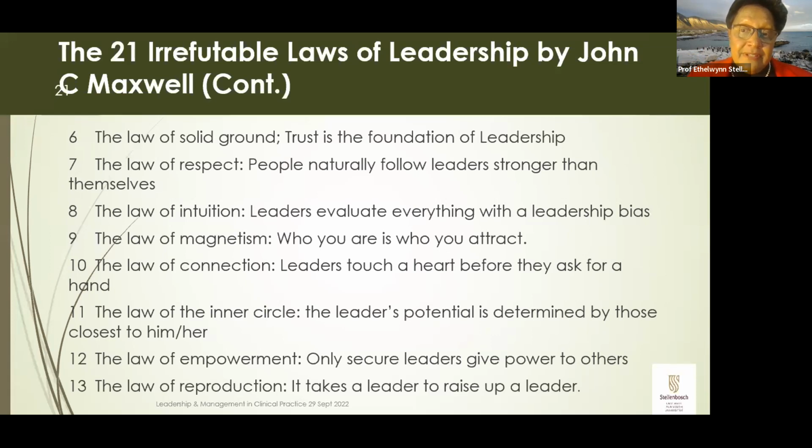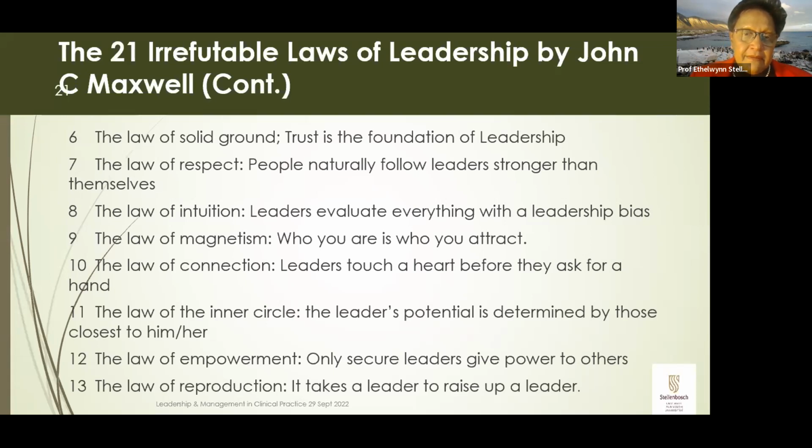So trust is the foundation of leadership, and you can add ethics as well. Critically important: honesty, that whole integrity. Now that's what I'm adding, not what John Maxwell is saying, but trust and ethics, those key focus areas are basically all encompassed in one: your integrity must be solid.